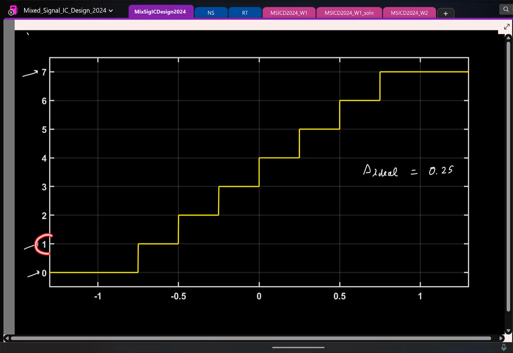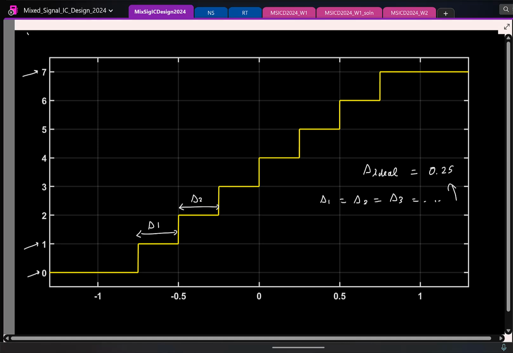Let us say this is code 1, I find this step size, call it delta 1, this is delta 2, and so on. What can you say about all of these deltas? They're all equal and equal to the ideal step size.